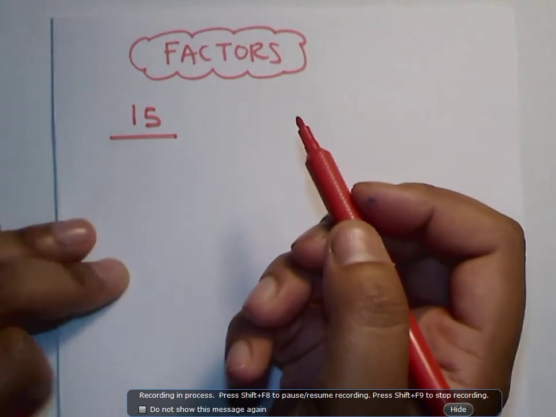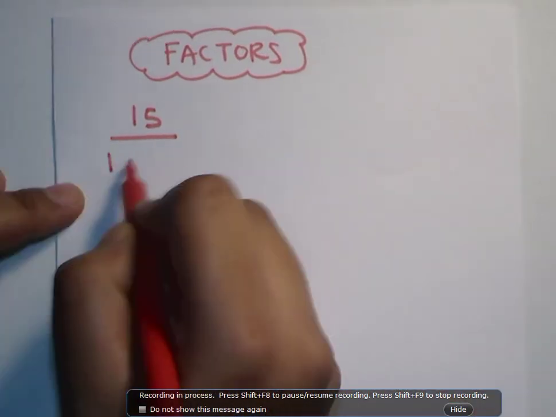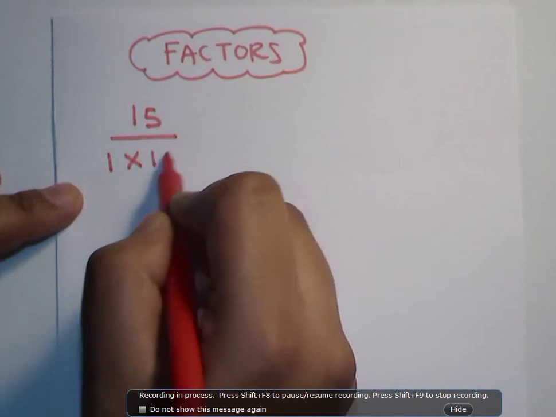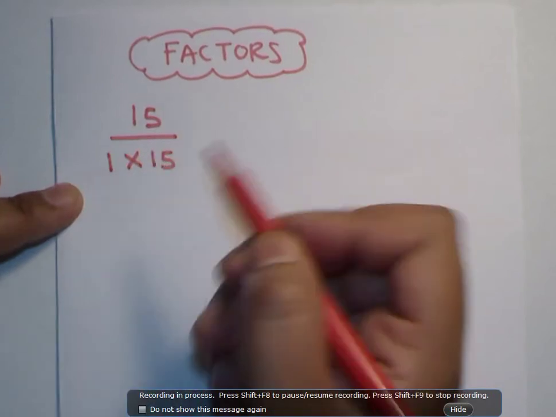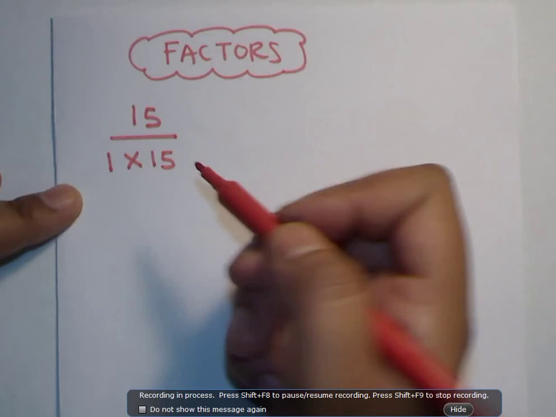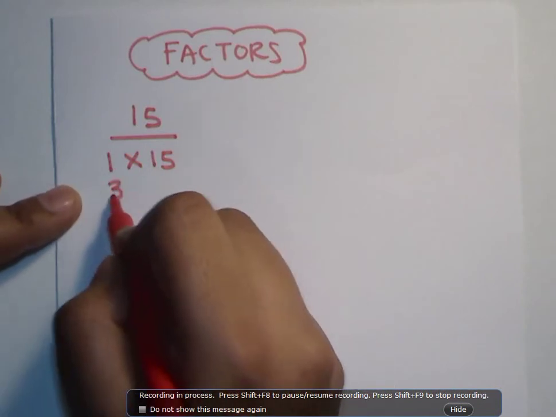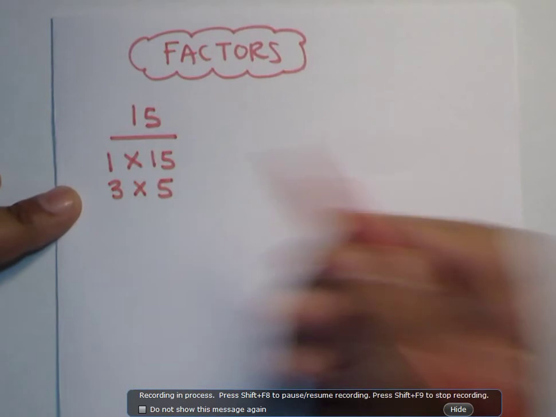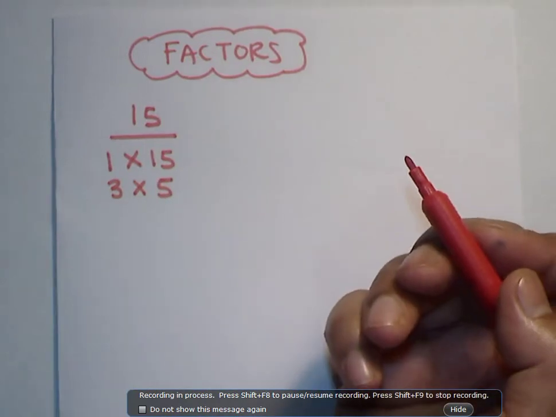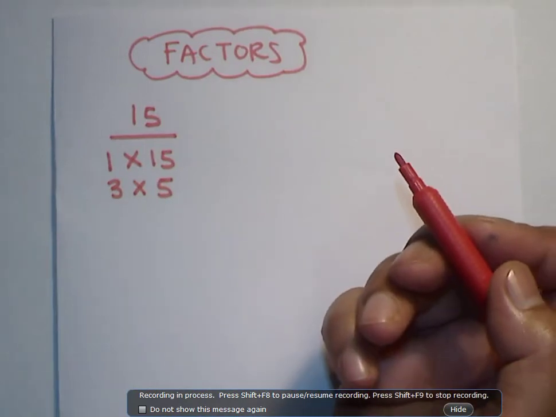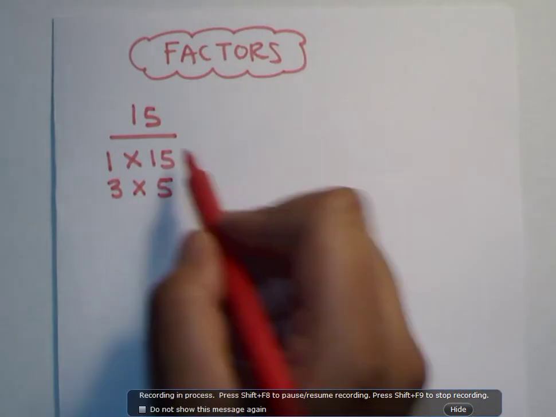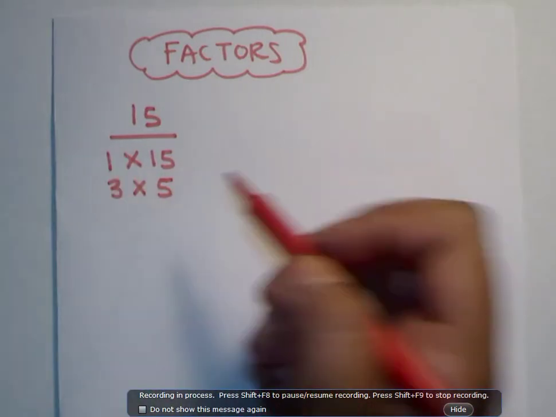So I start with number 1. 1 times what gives me 15? 1 times 15. Can 2 times something give me 15? No. Can 3 times something give me 15? Yes, 3 times 5. Can 4 times something give me 15? No. But 5 times something can give me 15, that's 3. Once you start repeating yourself, that means you've got all the factors already.